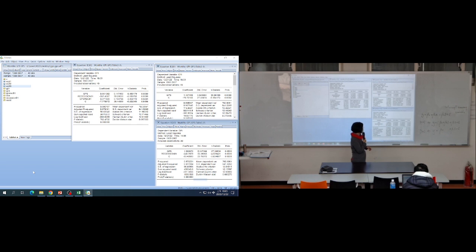Then you add one more, the intercept dummy. Then what does that mean? Is this significant? Negatively significant. Either you use the t statistics or the p-values.